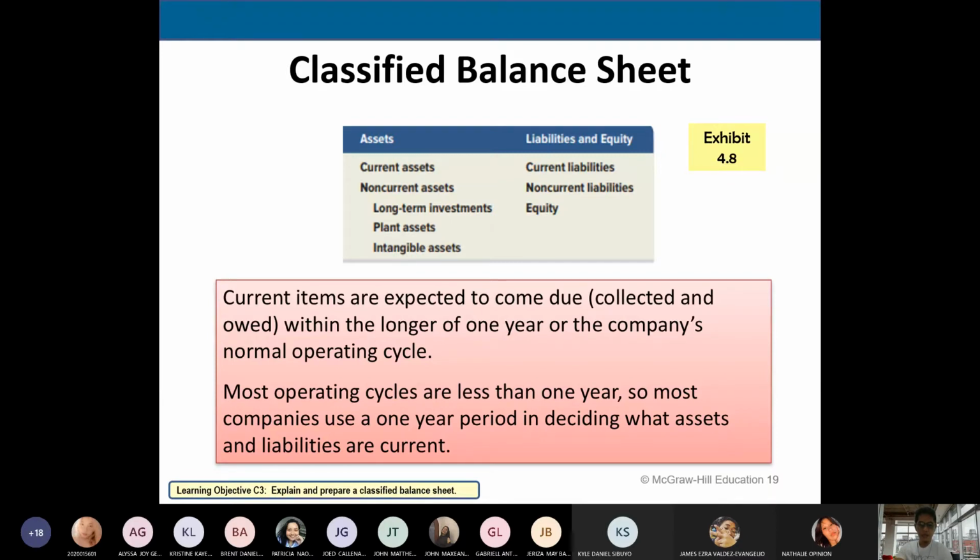Pag ang items or ang assets natin is mako-collect mo or expected to come due within 1 year or the normal operating cycle of the entity, whichever is longer, ika-classify natin yung item na yun as current assets.